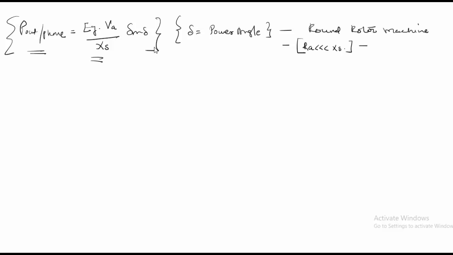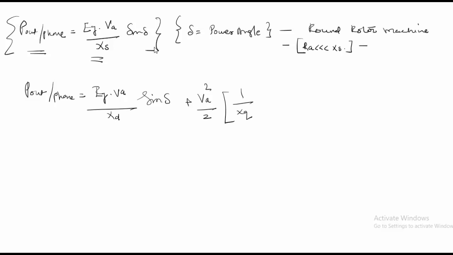Again, the same equation was found out for a salient pole machine, which came out to be power output per phase equal to Eg into Va divided by Xd of sine of delta plus Va squared divided by 2 into (1 upon Xq minus 1 upon Xd) of sine of 2 delta.